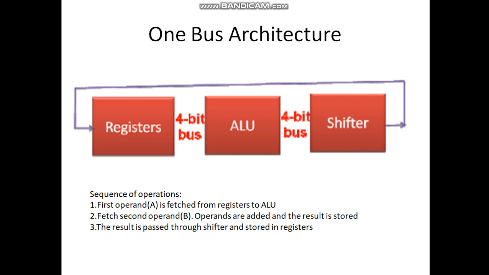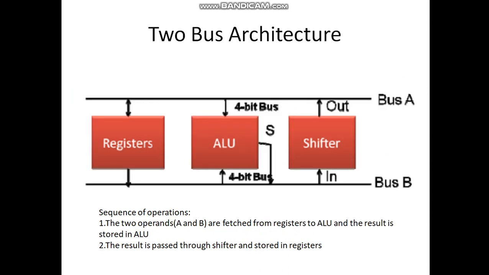And for the third clock pulse, the bits will be shifted and it will be stored in the registers. So here in one bus architecture, to fetch the data, perform the operation and store the result requires 3 clock pulses.